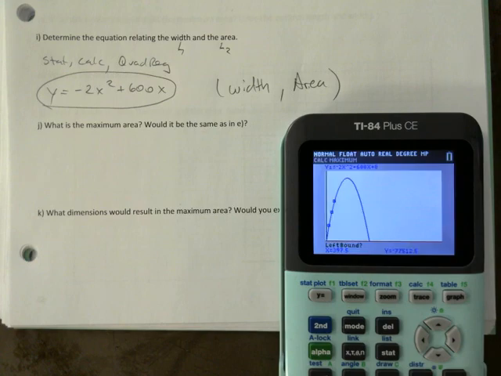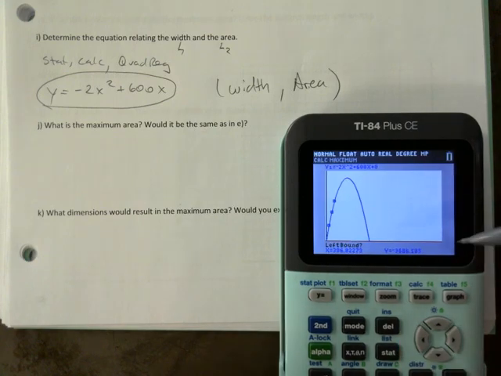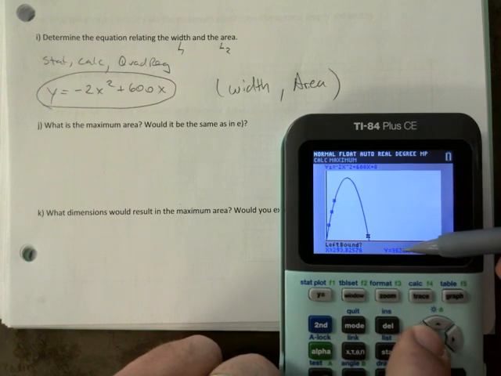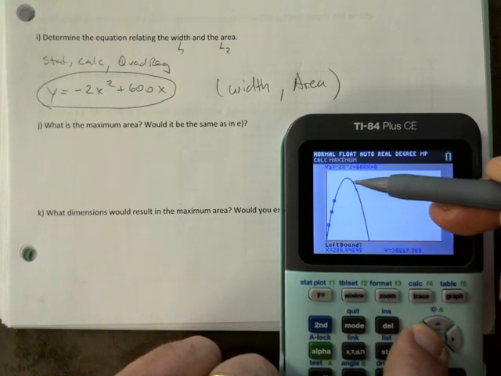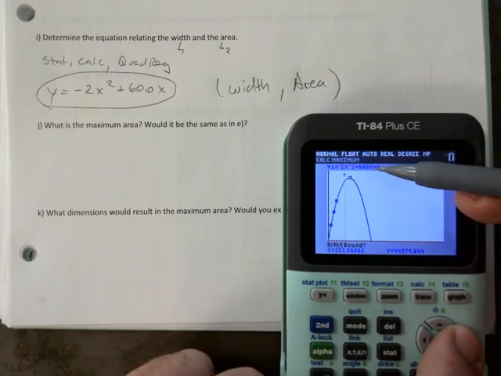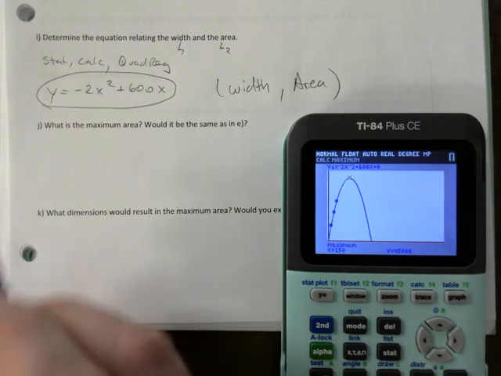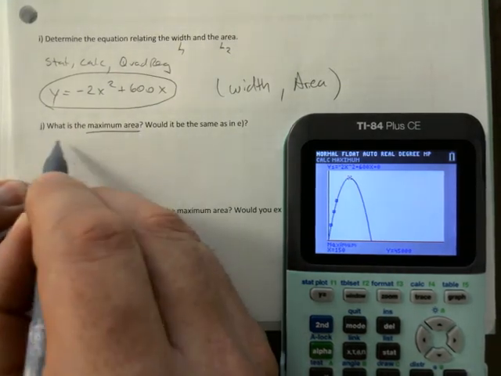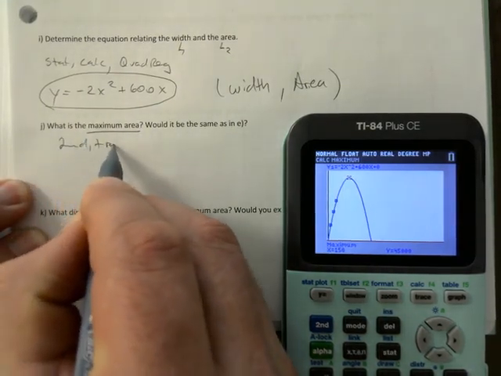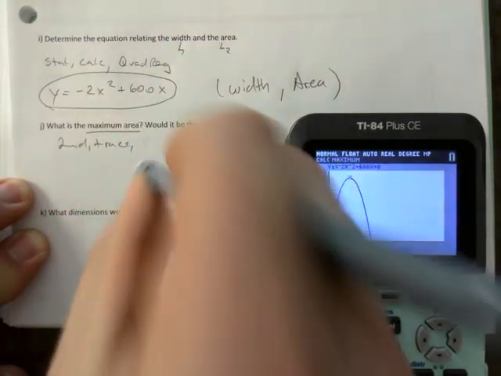Second trace 4 to get my max. Ooh, I'm way off grid. Watch here. I'm in the negatives. Oh, there it is. Popped up. Left side. A second to find it. It did. The maximum area, second trace 5. Max.